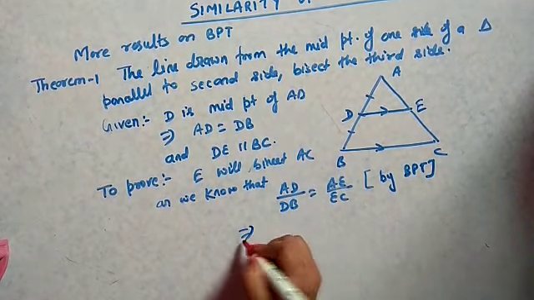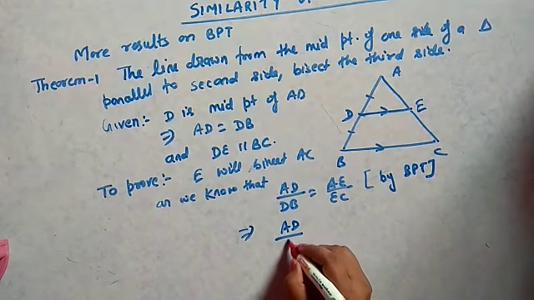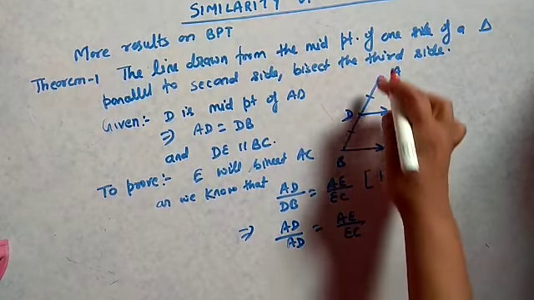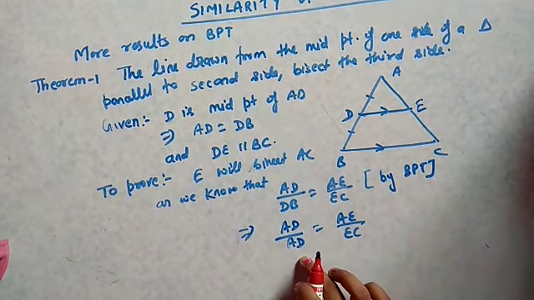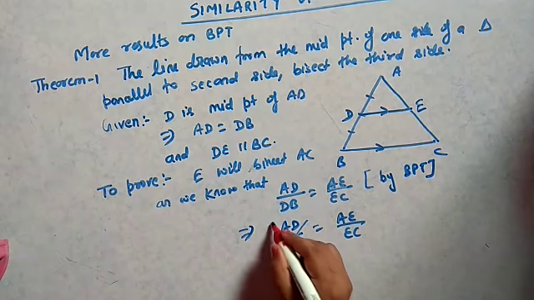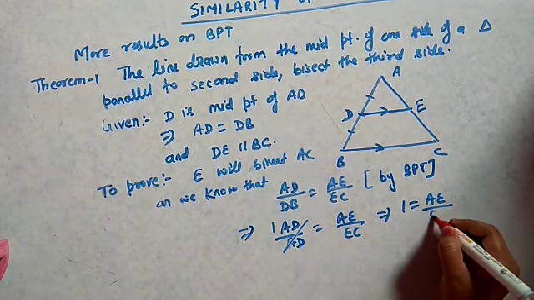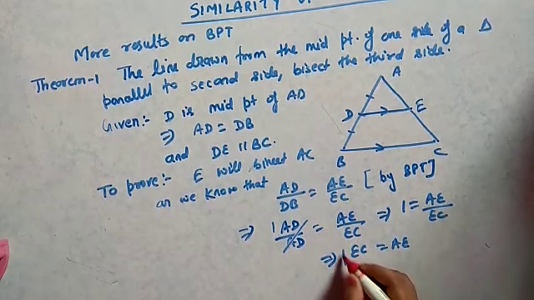Now, AD by DB: in place of DB can we write AD, because it is given that AD and DB are equal. So here in place of DB I am again writing AD. This gets cancelled out. It implies that 1 equals AE by EC. So when we do the cross multiplication, EC equals AE.